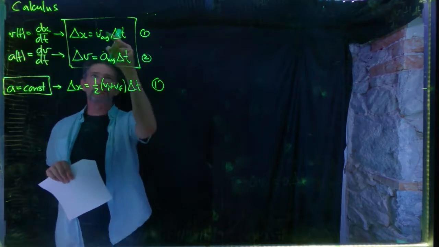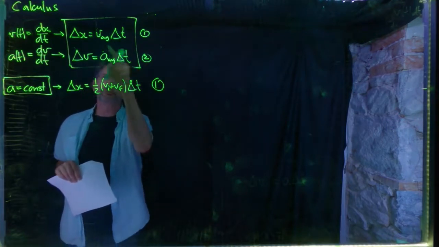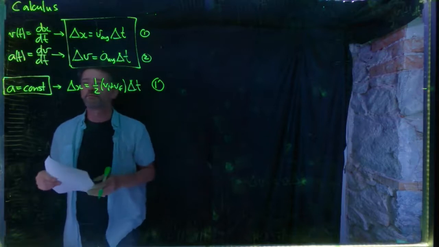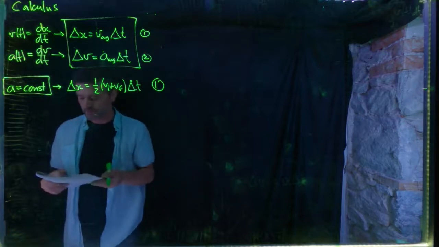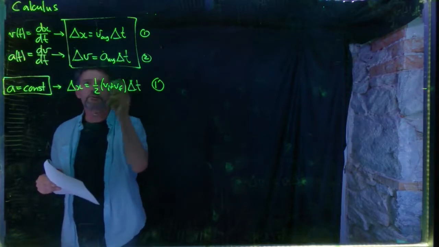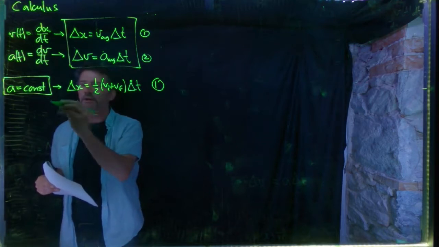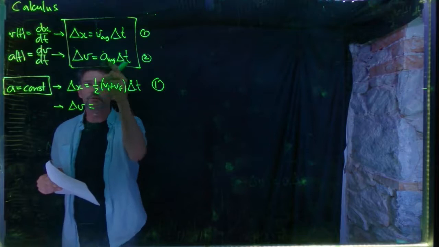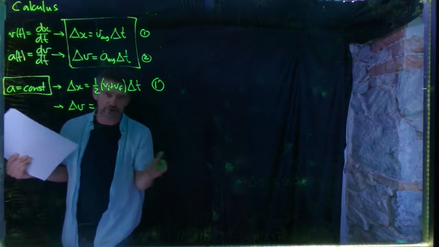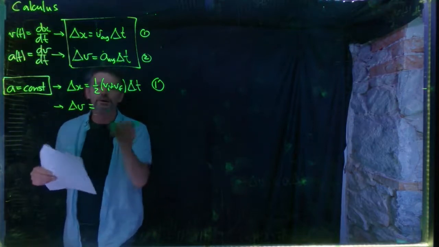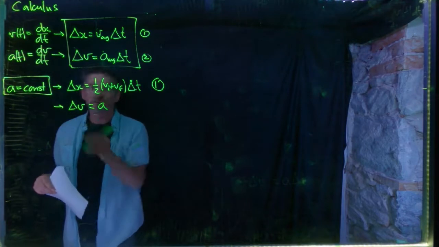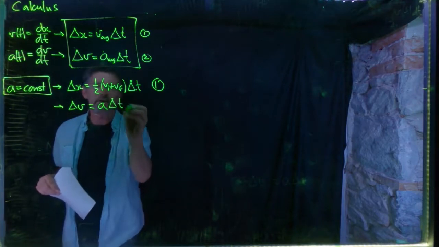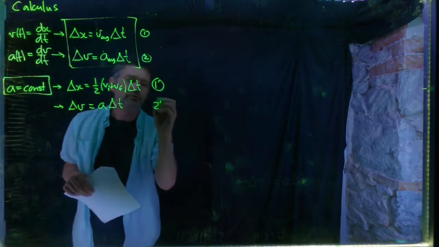It's derived from this general formula to this specific formula when acceleration is constant. And similarly, this second formula, in the case of acceleration is constant, leads to delta v is equal to, well, what's the average acceleration when the acceleration is constant? Well, it's just that constant a, times delta t. So this is formula number 2 prime.